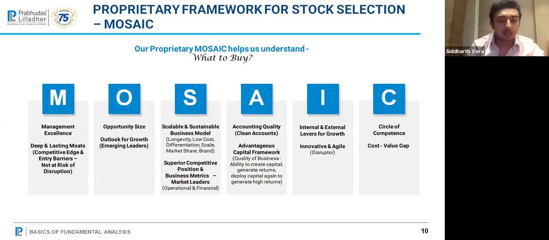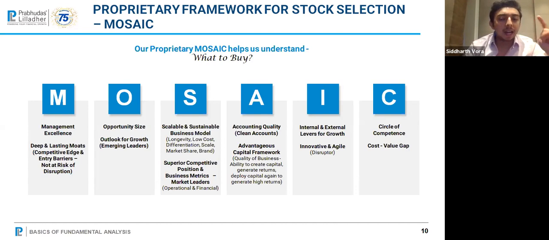Don't let go of such businesses. And if you screen 500 stocks, you will find 40, max 50 companies that have an advantageous capital framework. So it is very, very important for you to identify the capital framework of any business.